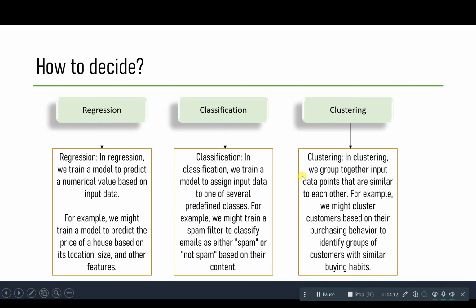Clustering is a type of unsupervised learning algorithm that involves grouping similar data points together. The input data could be anything such as customer purchase history, gene expression data, social media posts, any different type of data including marketing data, finance data.